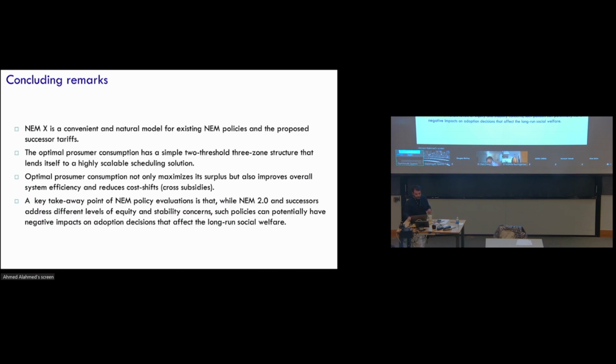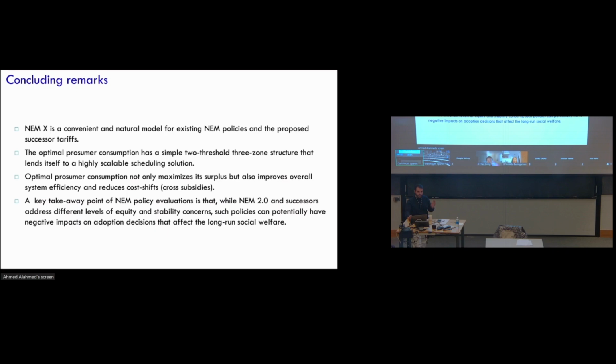Optimal prosumer consumption not only maximizes the surplus of the household, but also improves the overall efficiency of the system and reduces cost shifts. And a key takeaway point of net metering policy evaluations is that while net metering 2 and the successor net metering policies address different levels of equity and stability concerns, such policies can potentially have negative impacts on the adoption decisions.